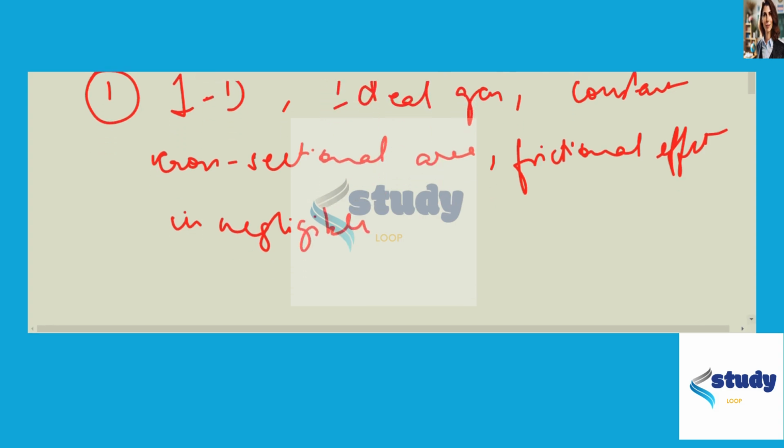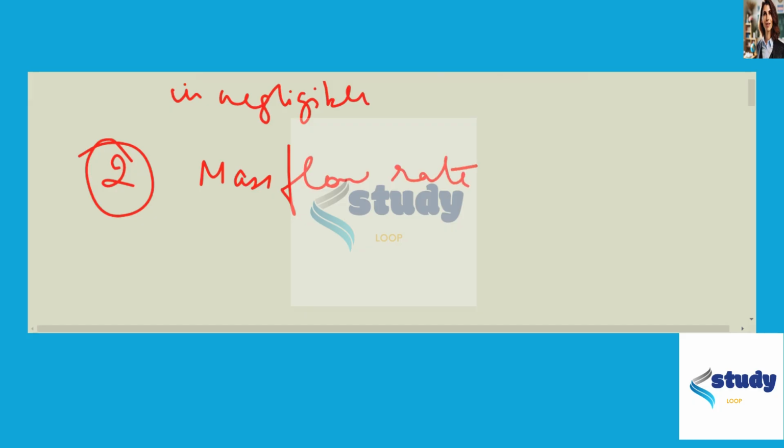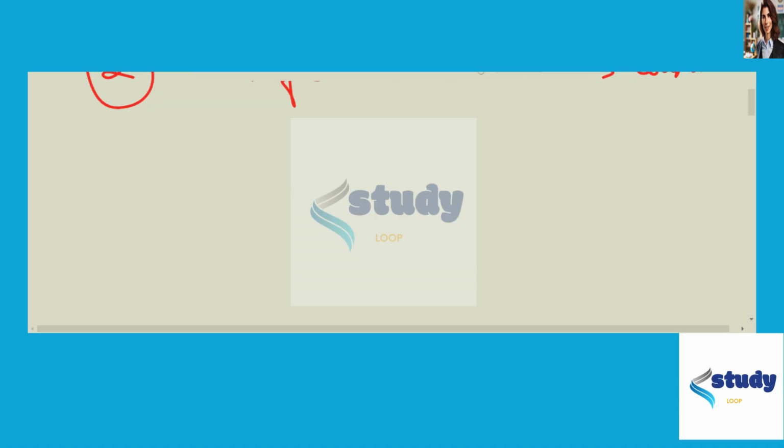And the second one is that the mass flow rate remains constant. So these are the two assumptions that we are seeing. Before we come to the analysis of this question, we have to see the properties.